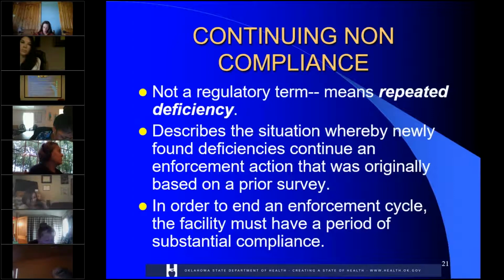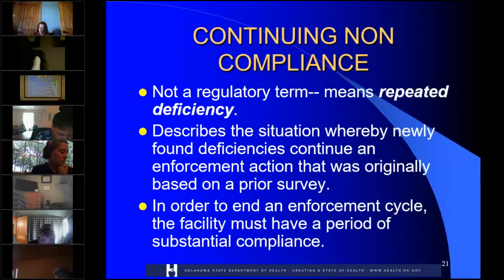Maybe we go out for a complaint at that time, and we cited on that one, and it's still continuing non-compliance. Sometimes there's already non-compliance going on because there have been multiple surveys, but we cited F600 on this one, and then we clear it, but it's already been cited on another one.